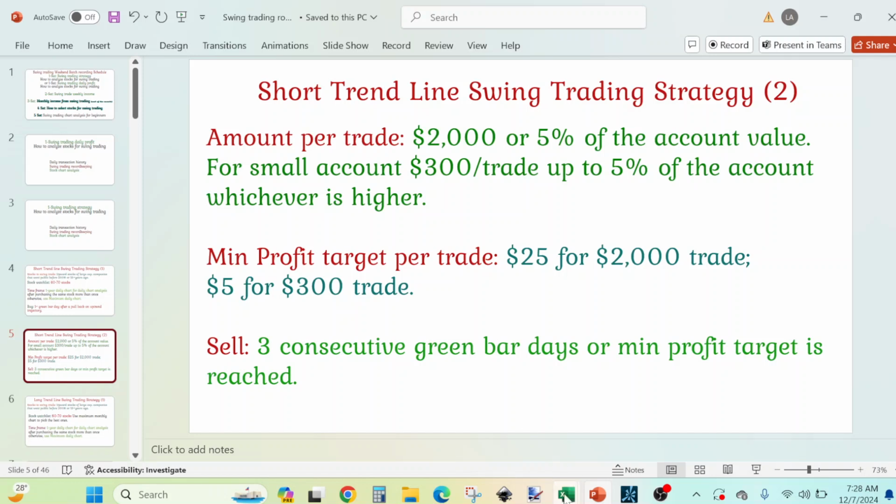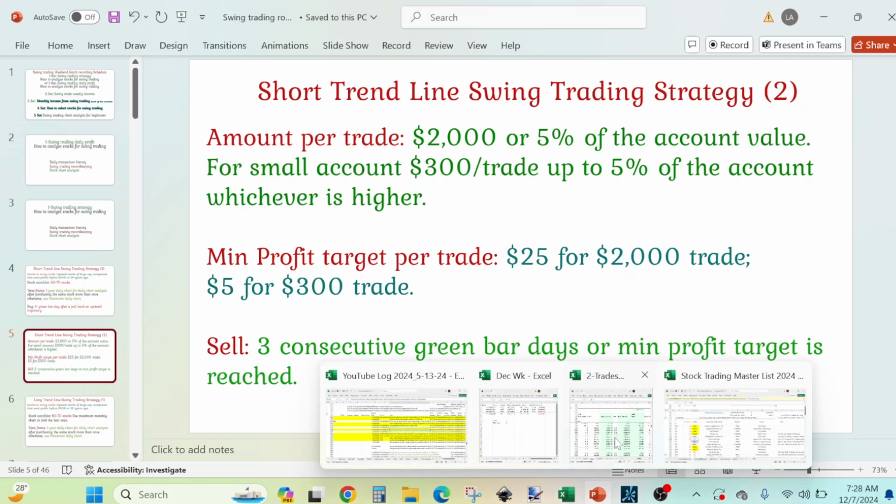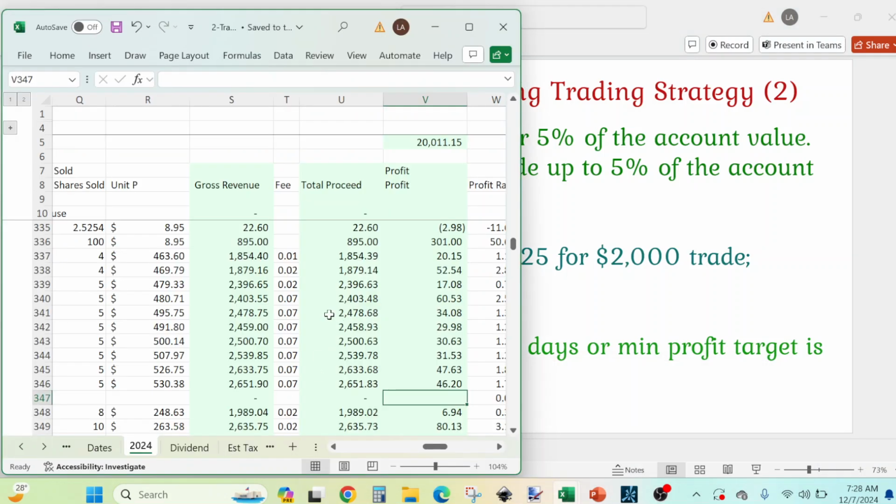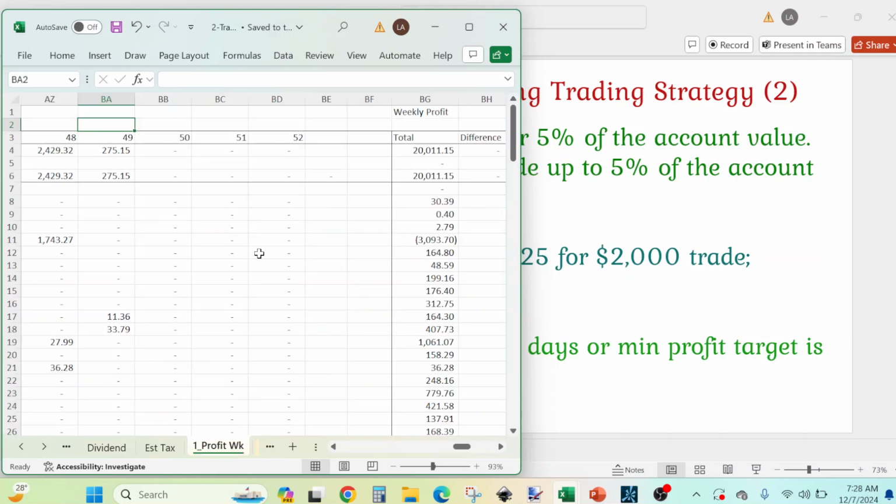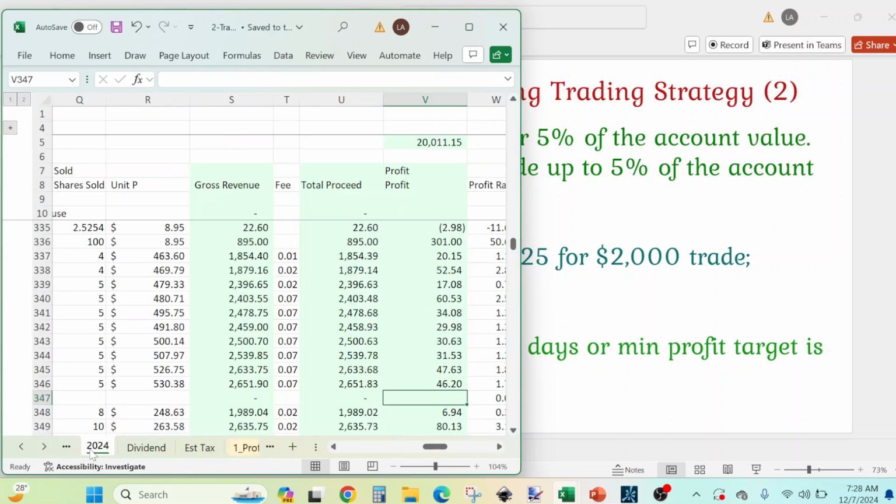And having the record keeping allows us to pull some data from our records that we will be able to analyze to see how we are performing with this strategy.